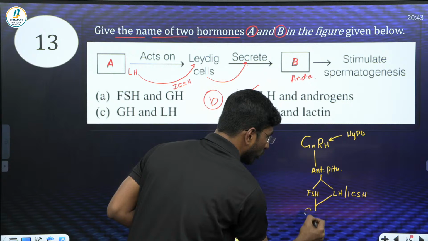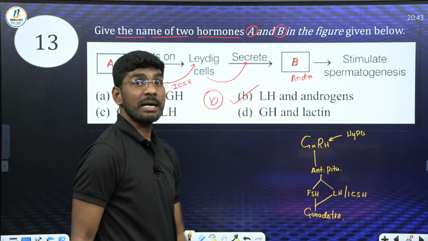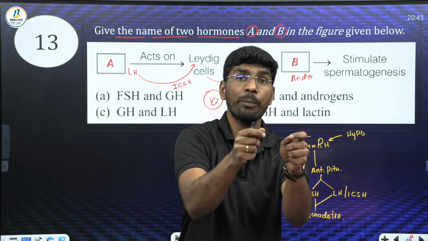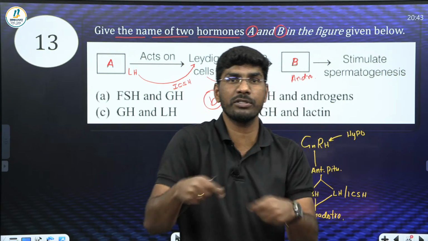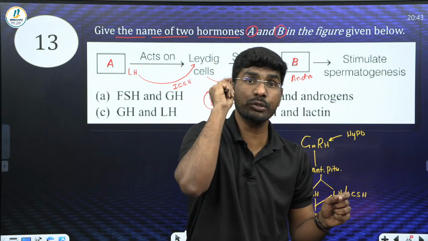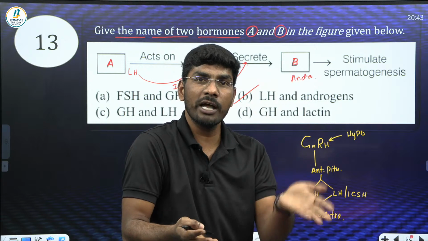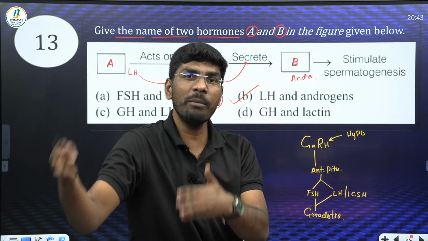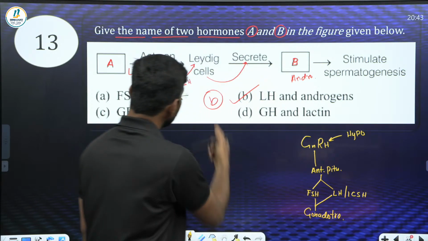Both hormones together are called gonadotropin hormones. Sometimes for a 2 mark question they can ask the role of hypothalamus in the production of LH and FSH hormones. Got my point? Gonadotropin releasing hormones come from the hypothalamus, act on the anterior pituitary, which produces FSH and LH. FSH performs spermiogenesis, LH performs ovulation in females, and in males androgen production, right? So answer is option B.